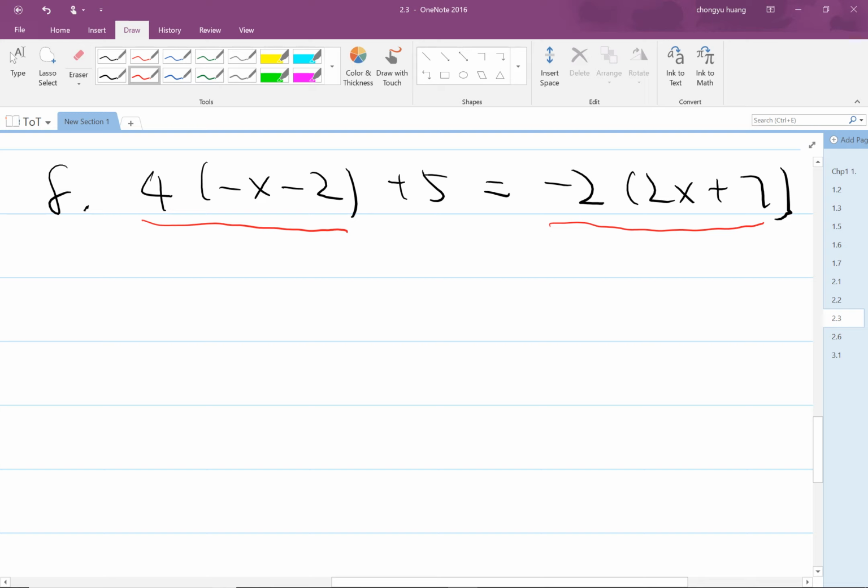So we have 4 multiplied by negative x, so it's negative 4x, right?